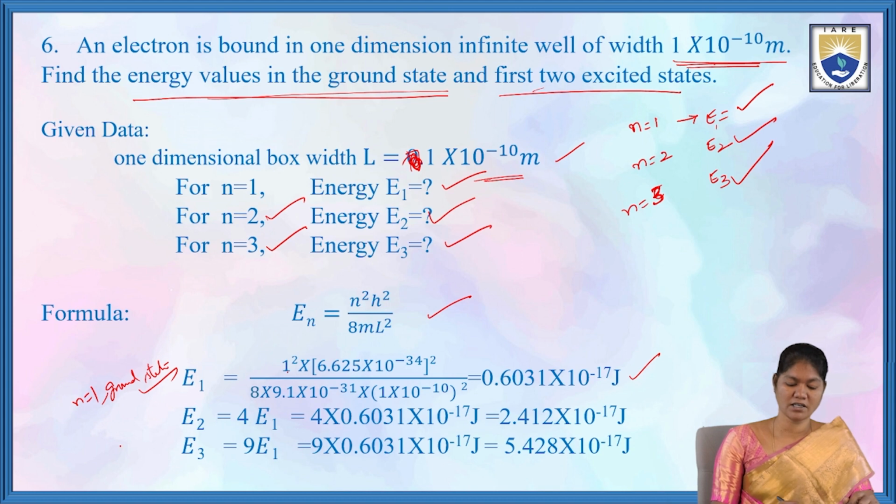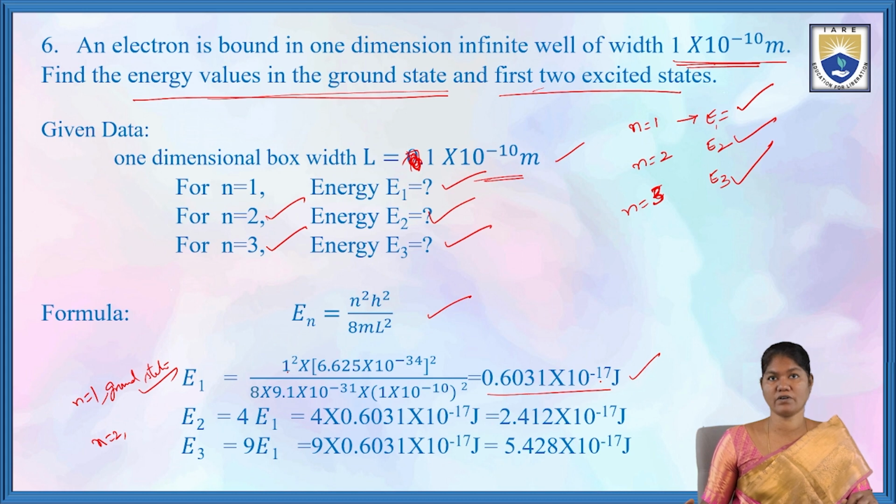Likewise, for n is equal to 2, we get E2. E2 is equal to 4E1. So 4 into 0.6031 into 10 power minus 17 joule, so it is equal to 2.412 into 10 power minus 17 joule.